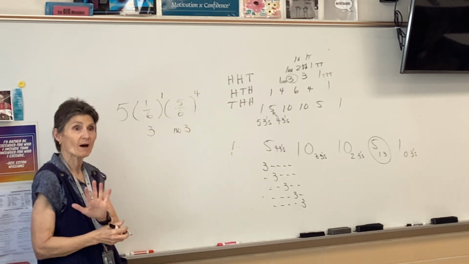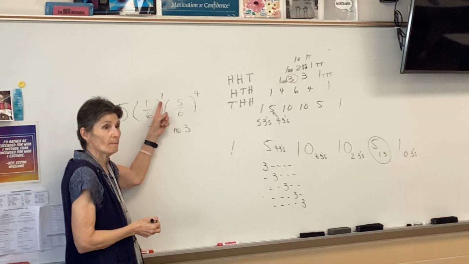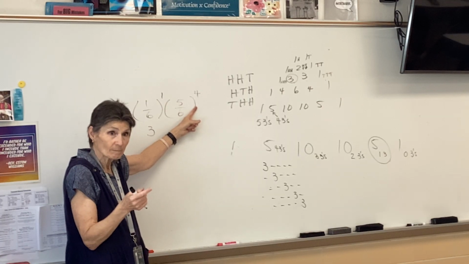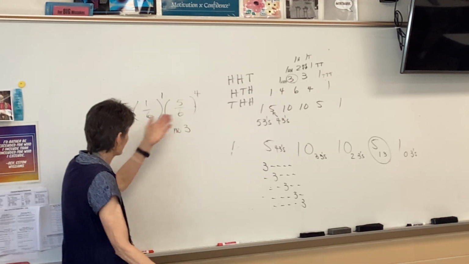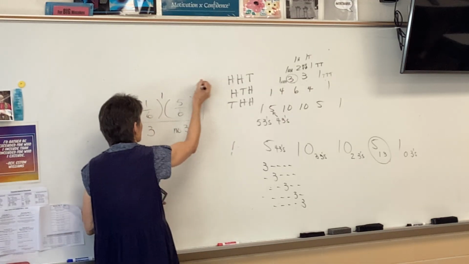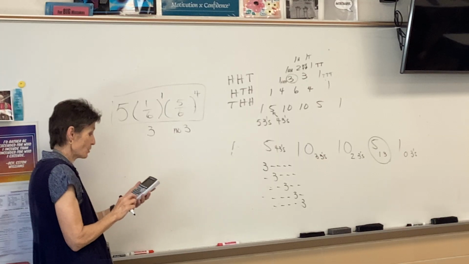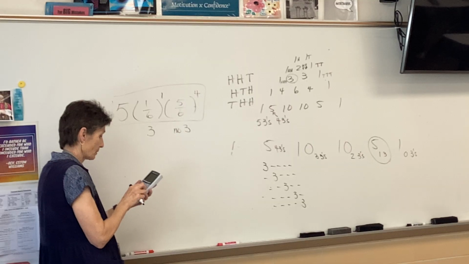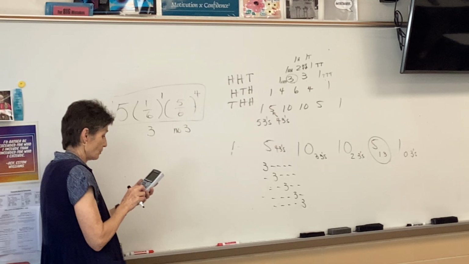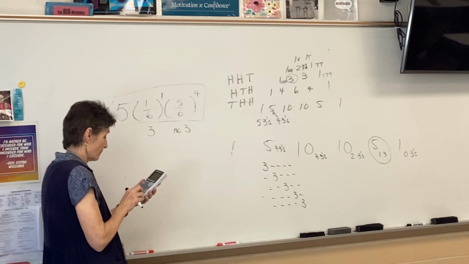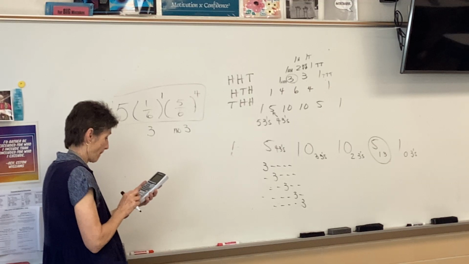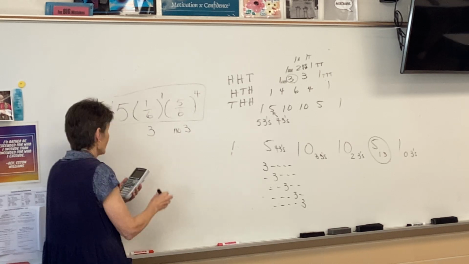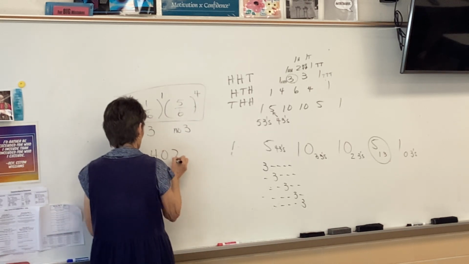Remember, I'm rolling the die 5 times. So if one of them is a 3, the other 4 are not 3s. And that right there, this guy right here, is the answer to the question. So 5 times 1/6, and then 5/6 to the 4th power.